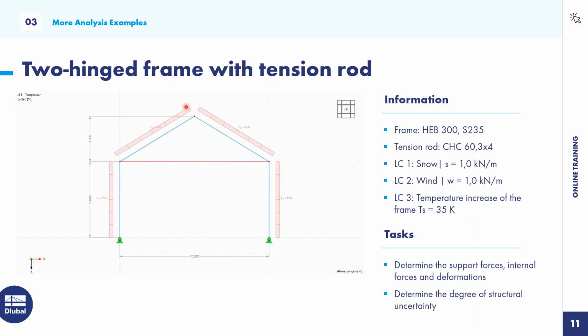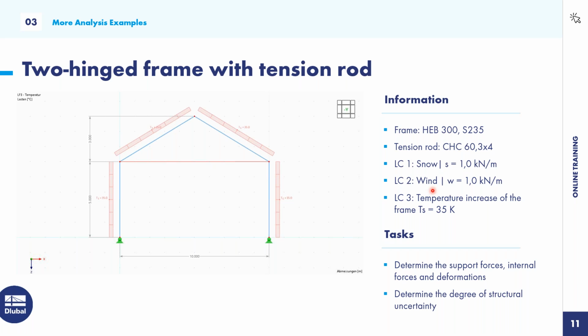And now we do this two-hinged frame with a tension rod in the middle. So it's a pretty interesting example you can also do with the force method during your study. We have this two-hinged frame, and now we give it an additional unknown parameter by adding a tension rod here in the middle.